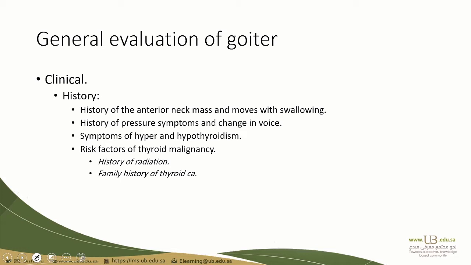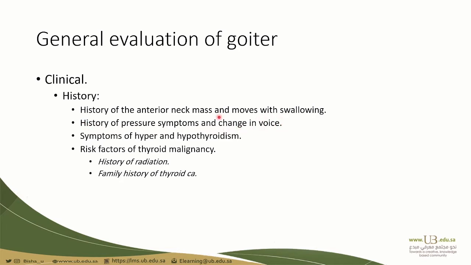In the history, you will go for history of the mass itself. Usually it is anterior neck mass that moves with the swallowing. Sometimes you have to ask the patient to swallow before you continue with the history of the patient. You will see, is there any pressure symptoms and changes in voice?